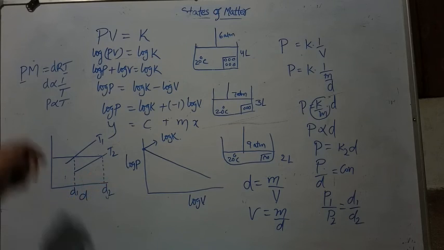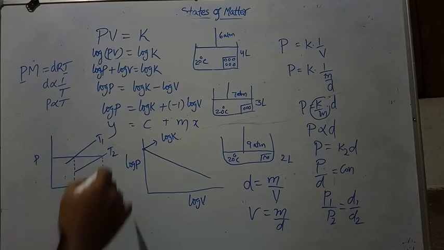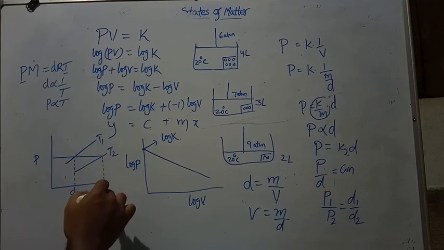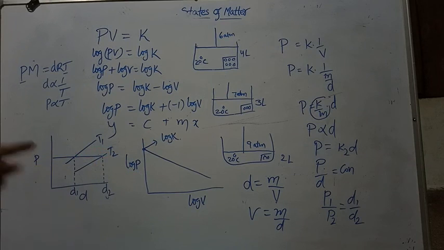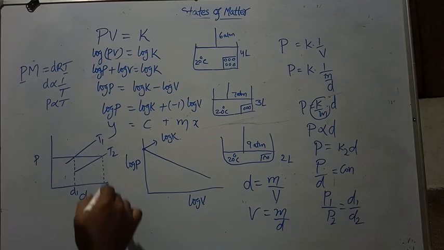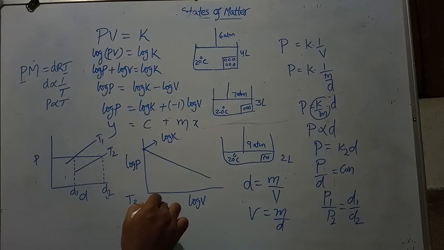I already told that density is inversely proportional to temperature. So initially at T2 D2, at T1 D1. So which temperature is higher here? T2. Okay, at T2 the corresponding density will be D2. At T1 the corresponding density will be D1.